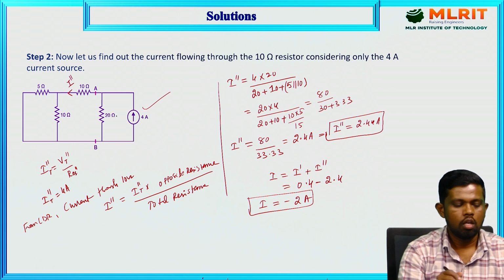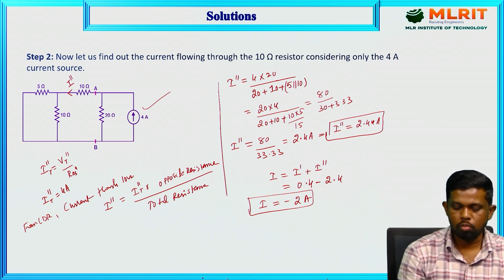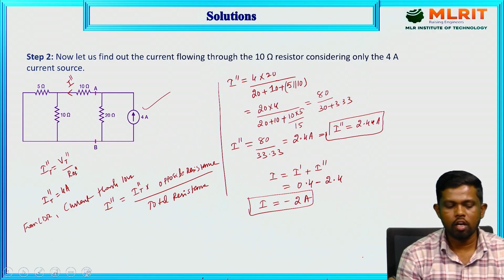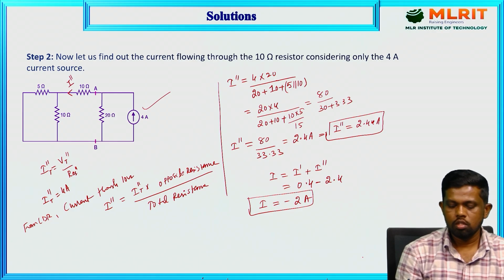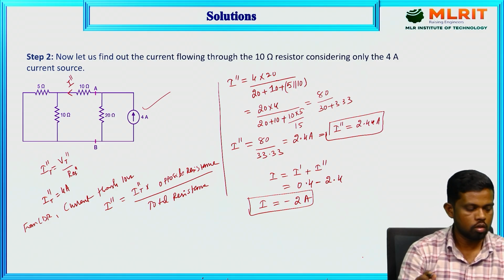We got the current value through the 10 ohm resistor as minus 2.4 ampere. And the whole current, while both sources act simultaneously, through the 10 ohm resistor is minus 2 ampere. This is the answer we got for the given question.